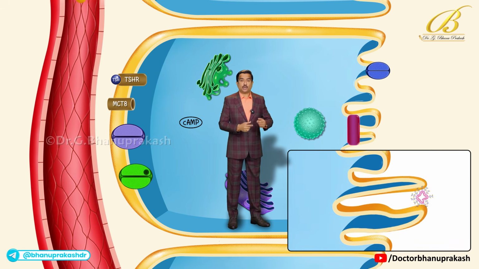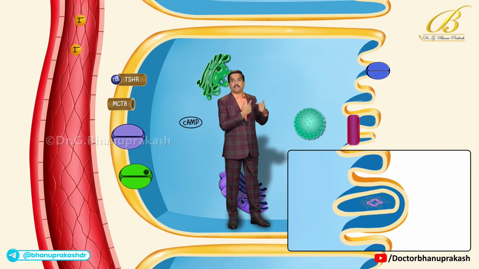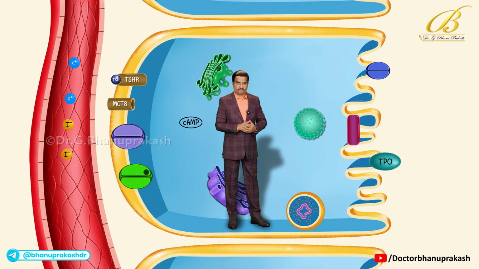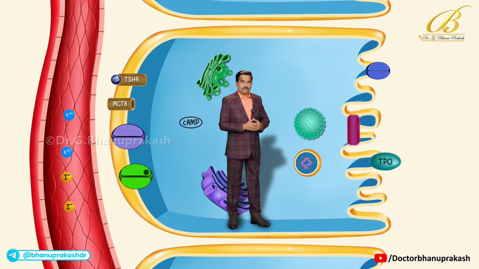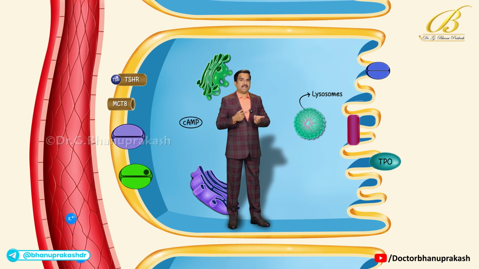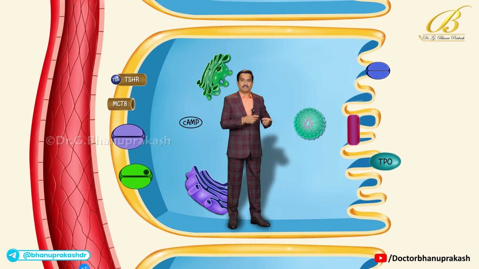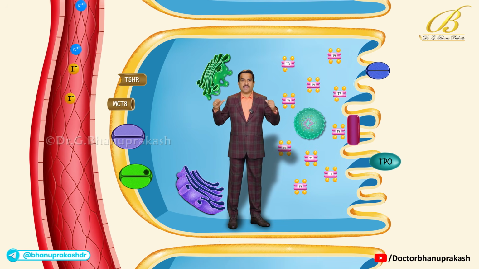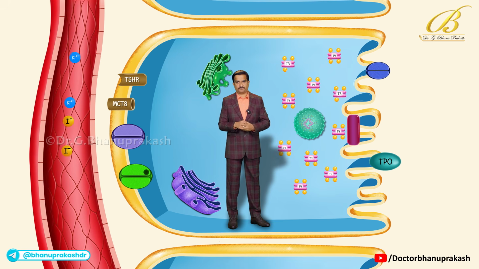For what? To endocytose the iodinated thyroglobulin back into the cell, right? Now, the vesicle fuses with the lysosome and the enzyme breaks down thyroglobulin. This releases free T3 and T4 inside the thyrocyte.